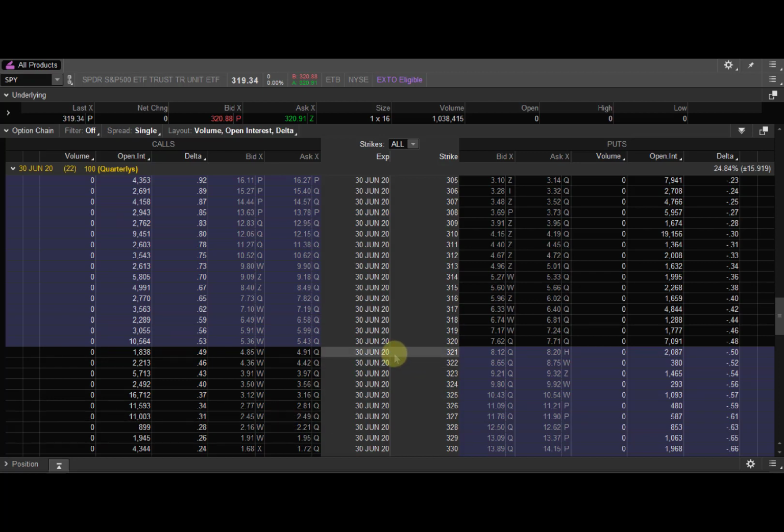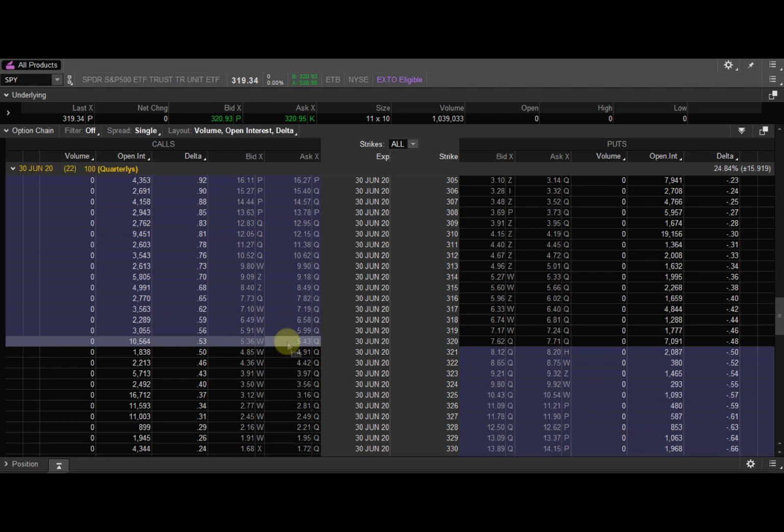Pretty cool. What you also can do is you could buy the 320s and sell the 330s. If you buy these, and I'm going to do easier math, for $5.50 and sell these for $1.50, which you can't do right now if you just look at the markets, but it's pretty close. So give me the benefit of the doubt so I can just do the math real quickly in my head.